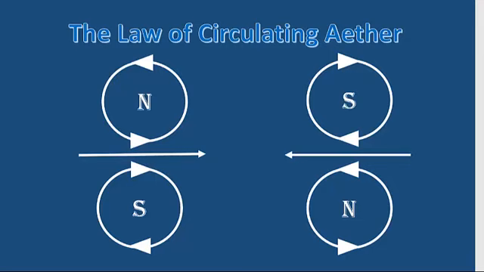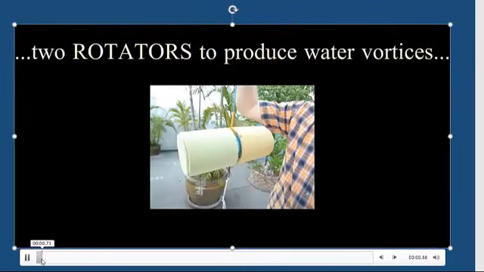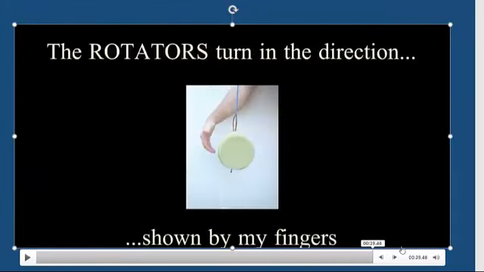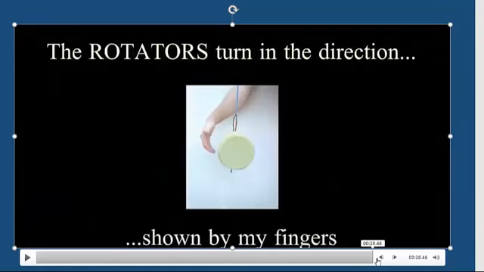And you may recall, let's see if I can find that video, where Yonel defines the right-hand rule, where he says if the rotors turn in the direction shown by his fingers. Okay, no, that's not the right one.